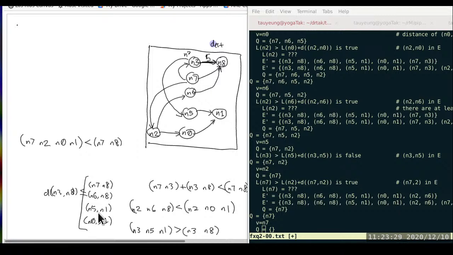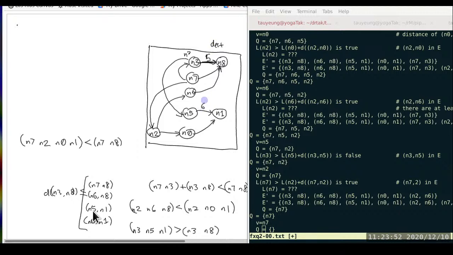So if that is 5, then n5, n1 is going to be more than 5. So the n3, n5, n1 would also be greater than 5. So we can try a 6 for n5, n1.